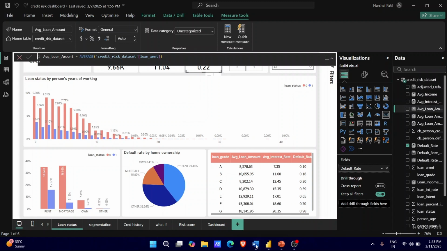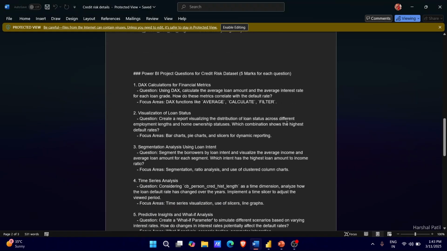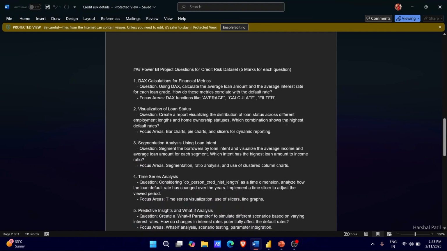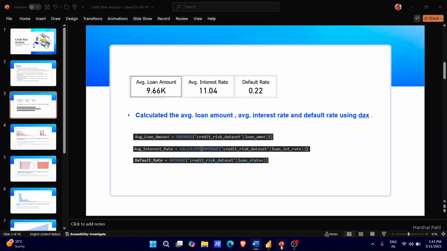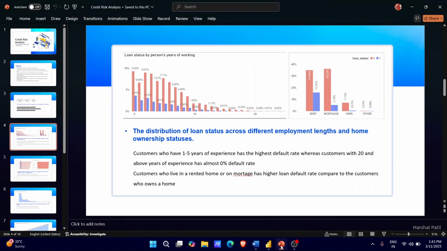On to the next, we have to create a report visualizing the distribution of loan status across different employment lengths and home ownership status, and find which combination shows the highest default rate. So for that, we created these two bar charts. In one, we have the loan status by person's years of working, and the other was loan status by home ownership.